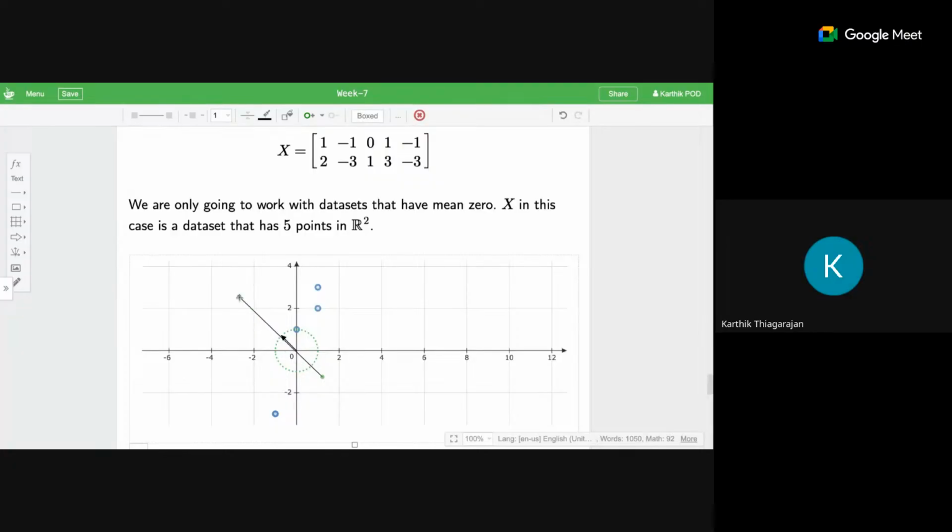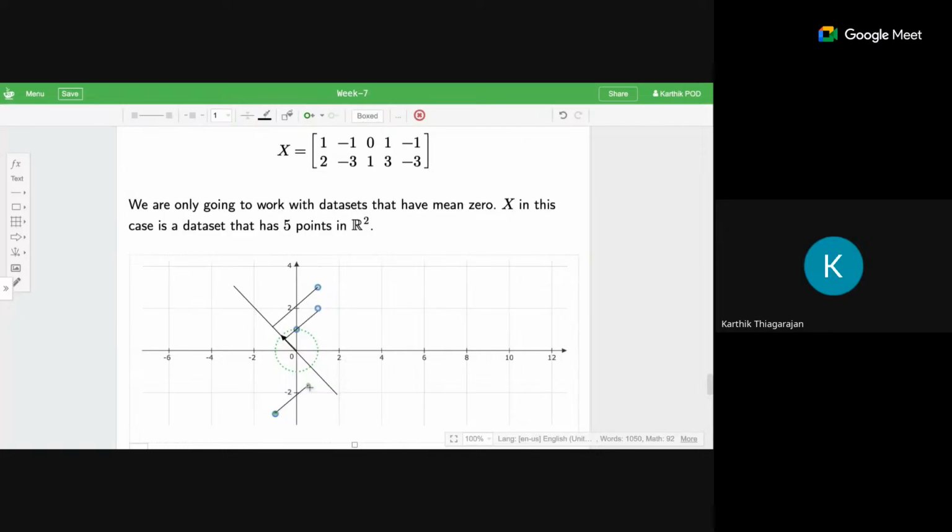So if you're currently considering this direction, then all your x transpose W would be nothing but projections of these points onto this line. Are you able to visualize that? This is your point, and its projection will be perpendicular to this line. The square of this distance, cumulatively, is what we are minimizing. You have another distance here, and a third point here.